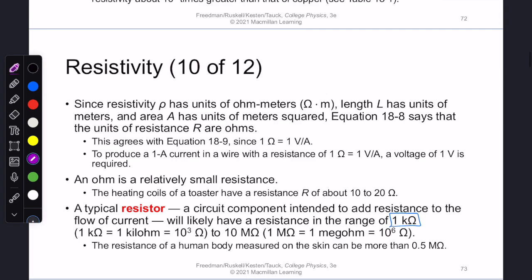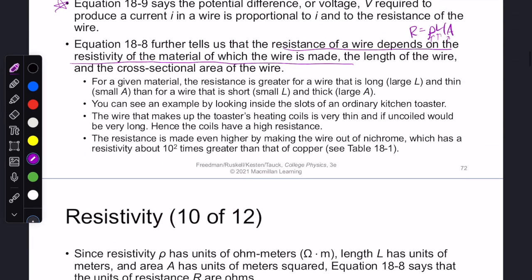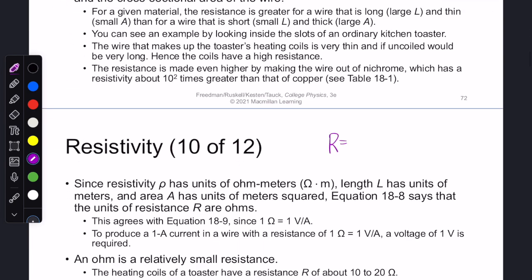So the units of resistance are going to end up being just the ohm. And that's because when we plug in all of our units, let's write resistance up here, we have ohm meters times meters for length divided by meters squared for area.